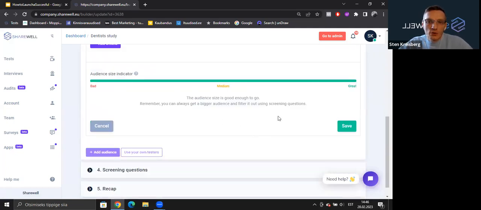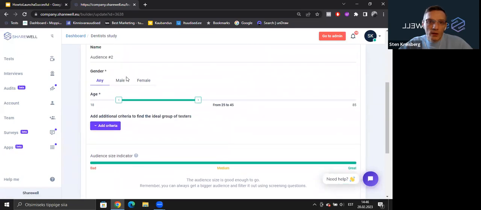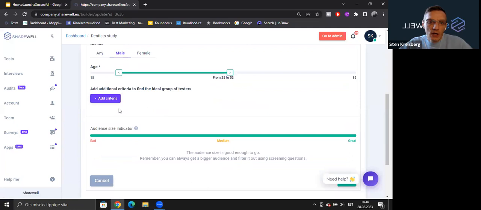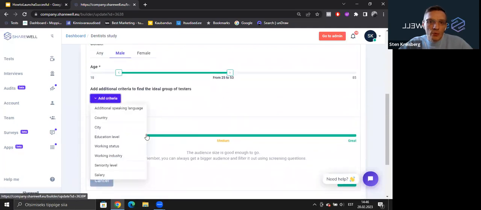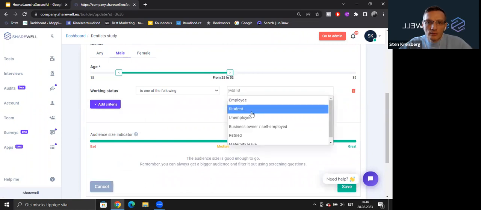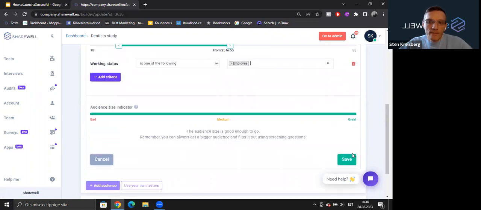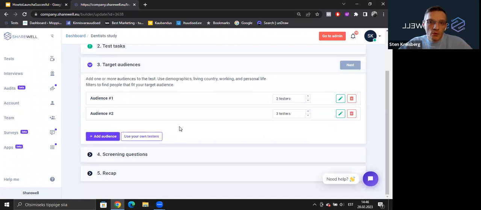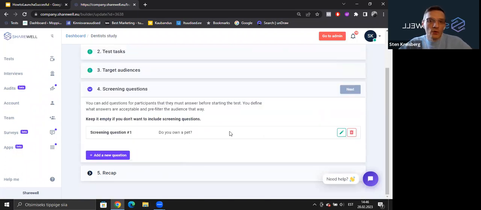Now let's choose the second one. We want them to be males from 25 to 53. And we can put here, for example, that they are employees.